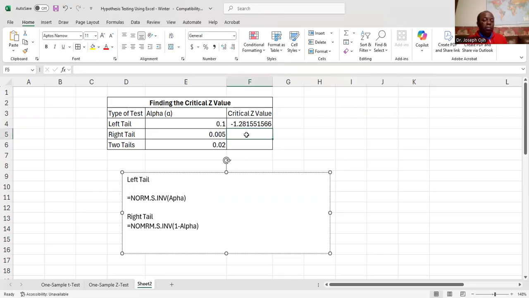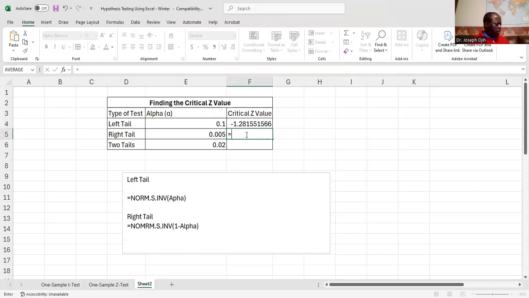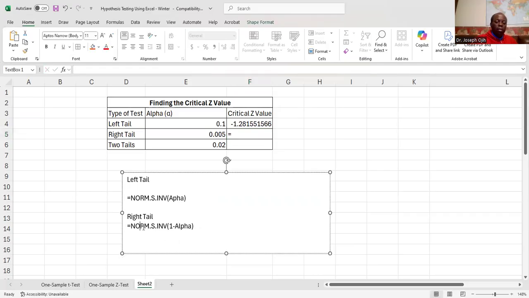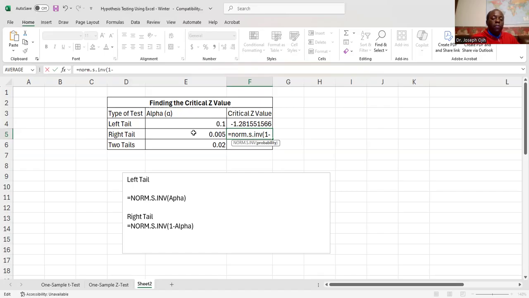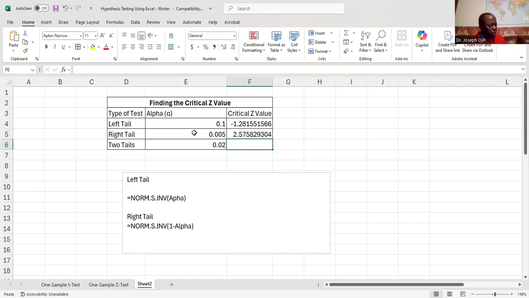So here it means equals NORM.S.INV of 1 minus the alpha, and the alpha is 0.005. Press the enter key. See, 2.58.